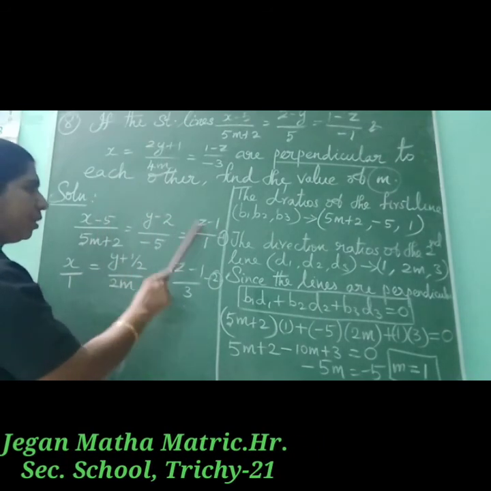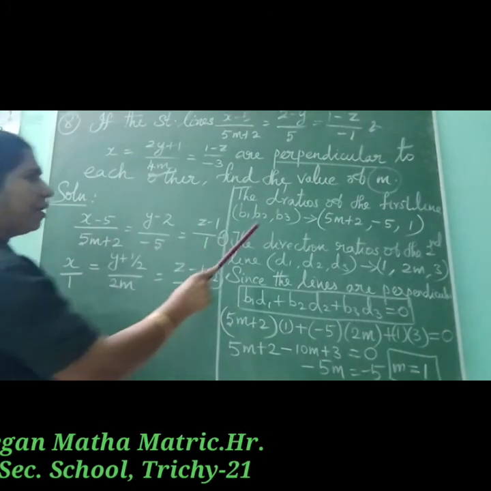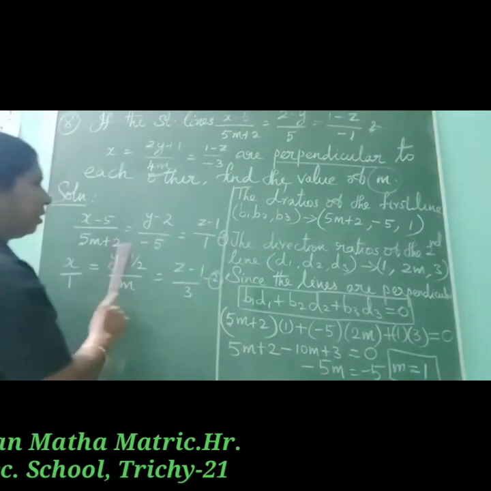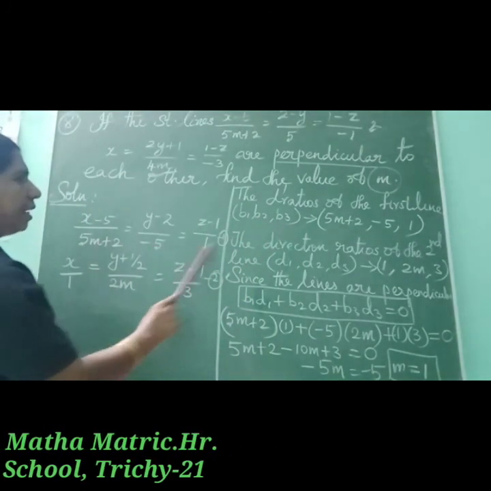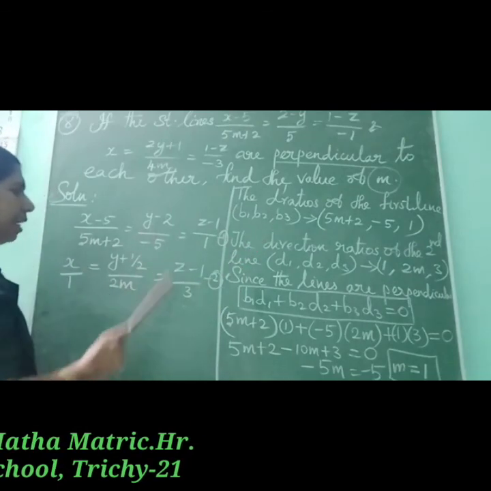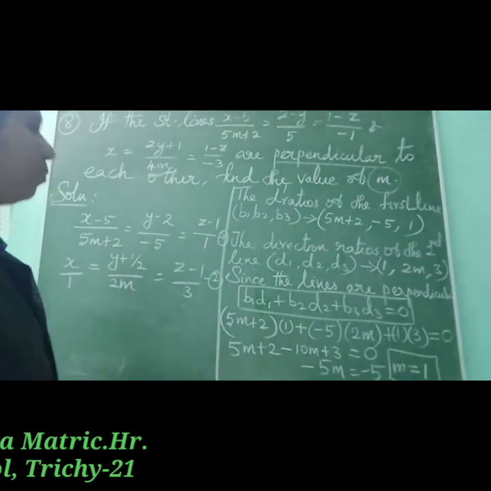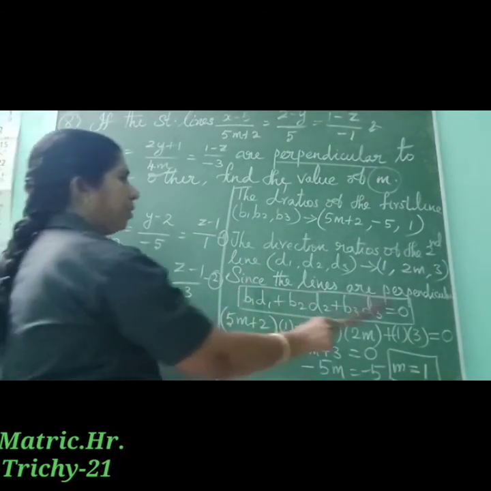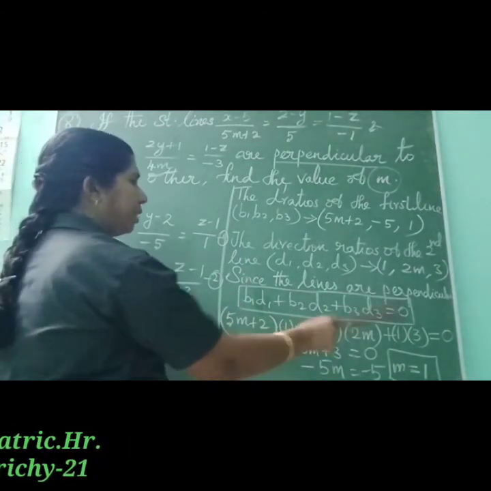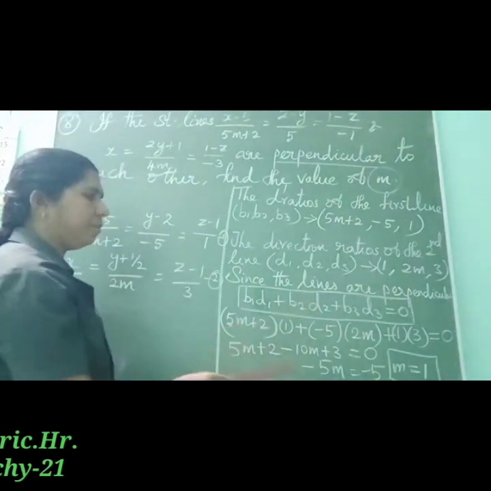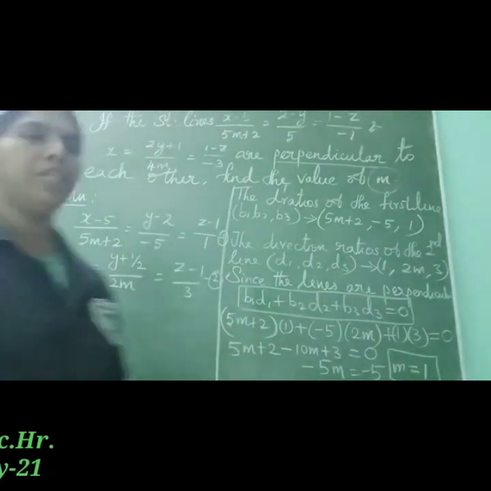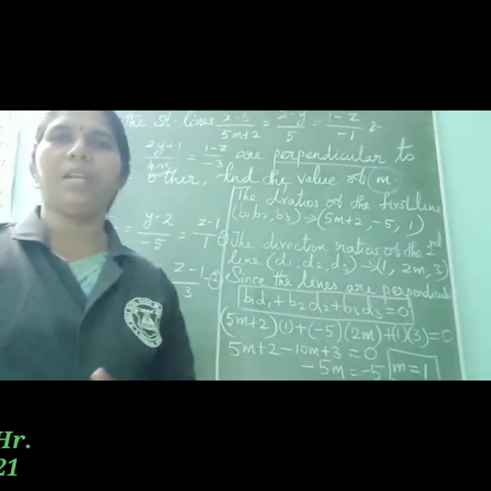In that form we have to arrange. The denominator values represent the direction ratios. So write the first direction ratios from the first line, then the second direction ratios from the second one. Then if you prove this condition equal to 0, when equating the terms, we can find the unknown value m is equal to 1.